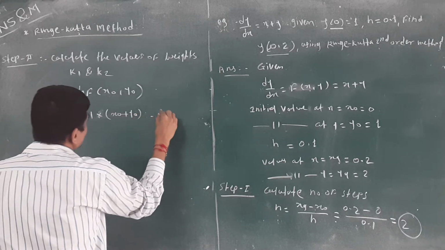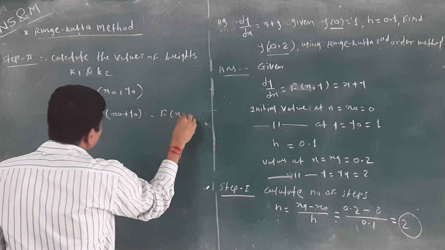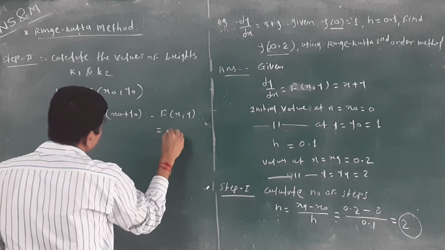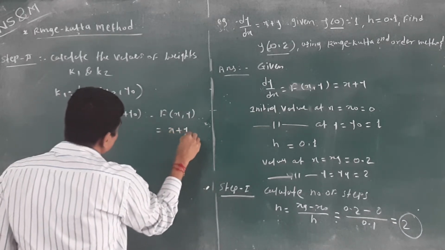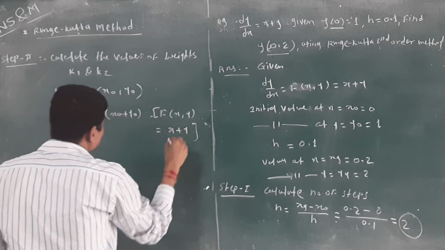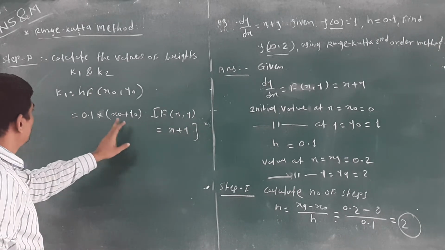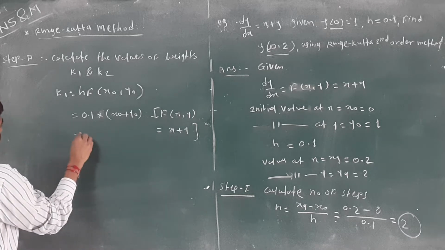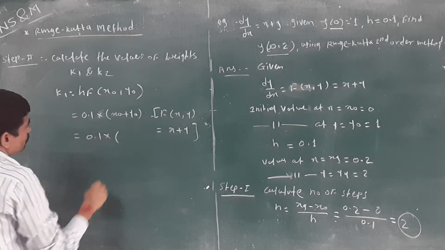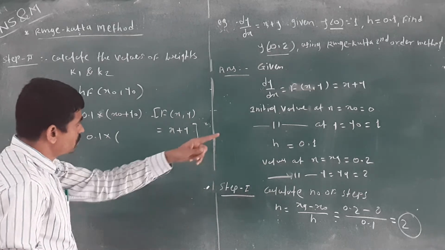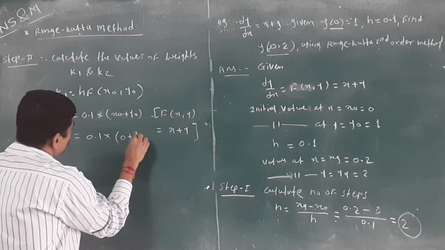Because the function f(x, y) is given as x plus y, we are putting x plus y in this equation. Then put the values: 0.1 into, the value of x0 is 0 and y0 is 1.